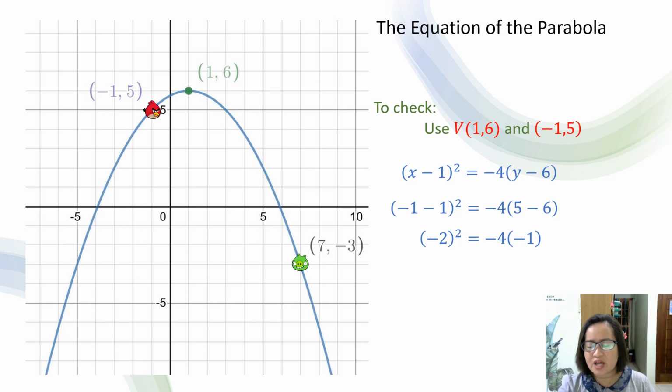Simplifying that, we will have -2 raised to the second power at the left, and we have -4 times -1 at the right. Simplifying further, we were able to prove that 4 equals 4, or that the left side is equal to the right side.